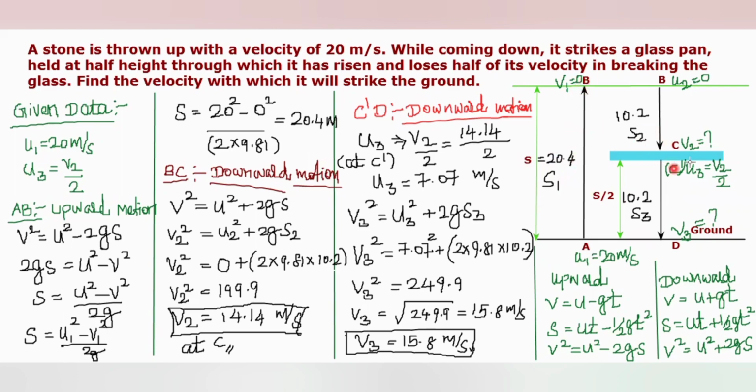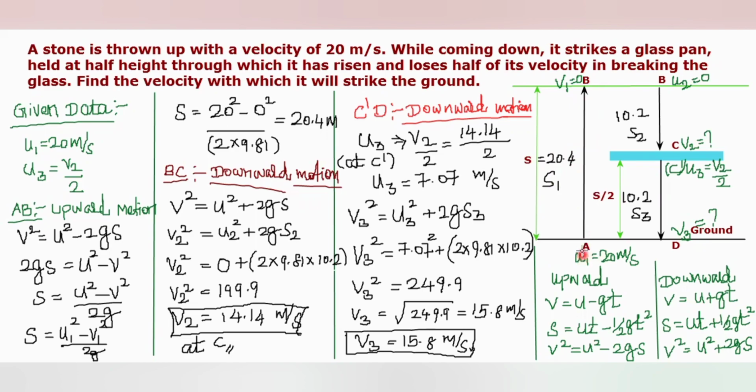If the glass window or pane is not there along this downward path, if it is a normal free fall motion, that means B to A, it is going to travel the same distance. And the time taken by the stone to reach A to B is the same time taken for B to A also. So it will hit the ground with the same velocity with which it was thrown upwards.